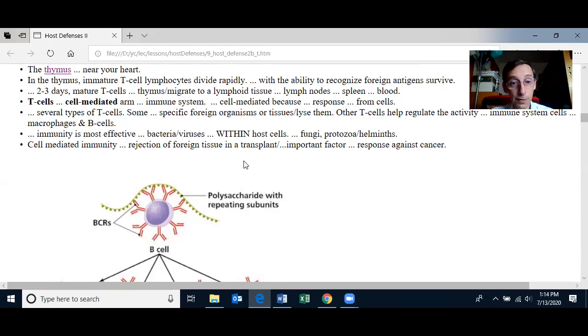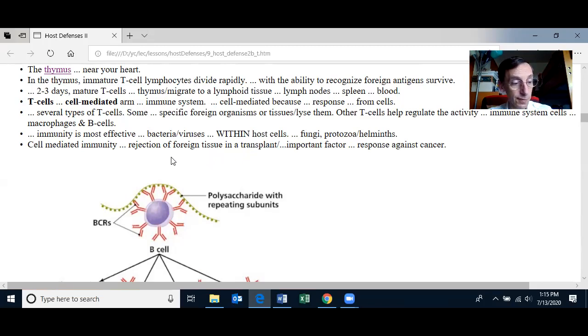And so patients who get a tissue transplant, they have to go on immunosuppressive drugs. And that's to make sure that the T cells don't reject the tissue transplant. Because no matter how good the match is, unless it's coming from an identical twin, the T cells will eventually realize that that is a tissue transplant and then will mount an immune response against it. And that's why when you get a tissue transplant, you always have to take immunosuppressive drugs.